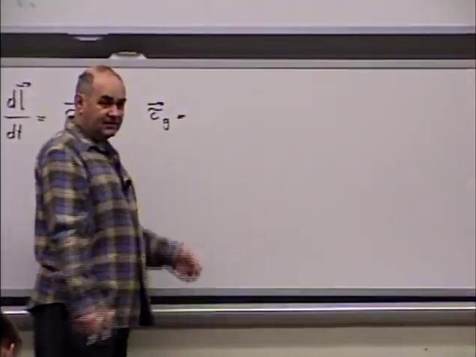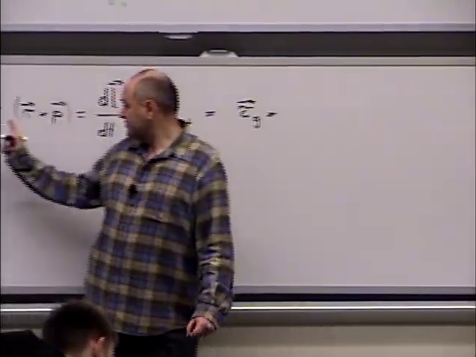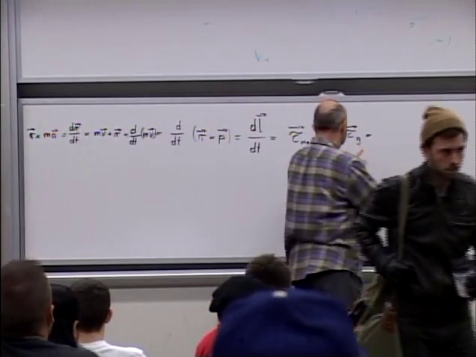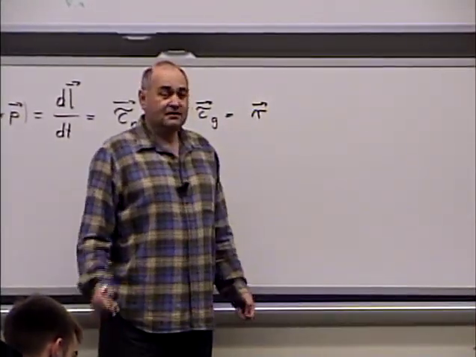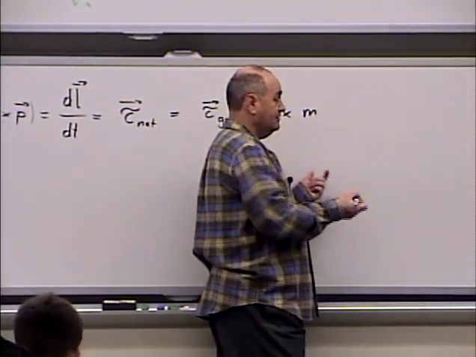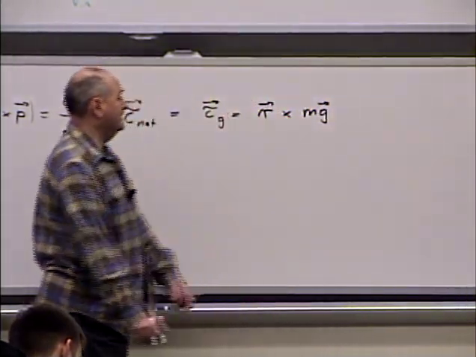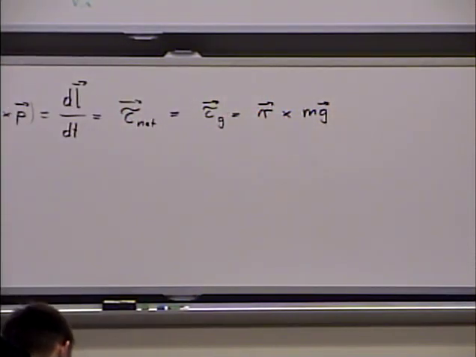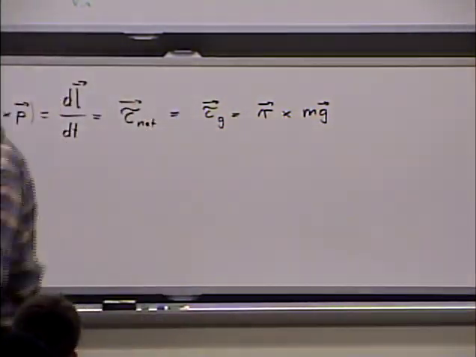And for gravitational torque, I have to consider about the same point as I consider for the angular momentum. So it means that I have to take position of the particle multiplied by the weight: mass of the particle and acceleration due to gravity.